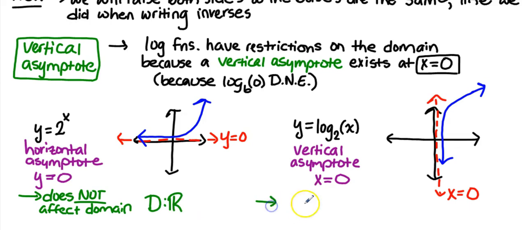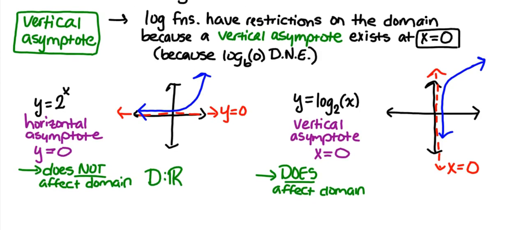But this, now that I have a vertical asymptote I need to concern myself with, does affect domain. Here, I would have to say when I come in from the left, I can be anything except 0, and then to the right, I'm all good.